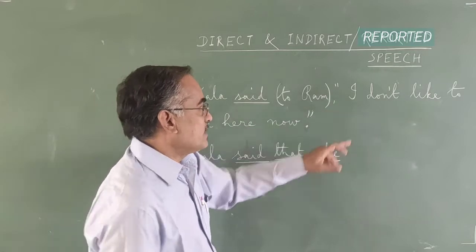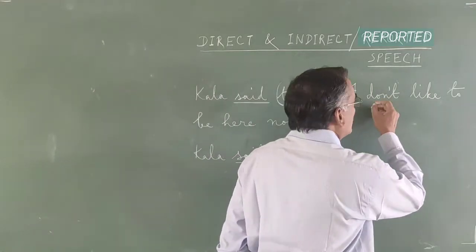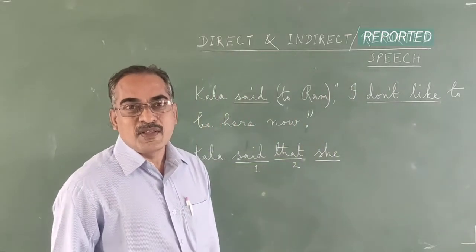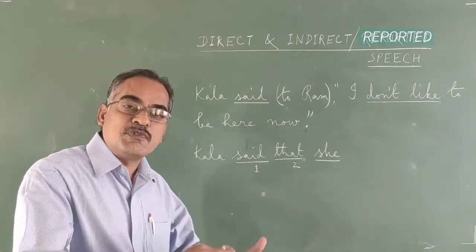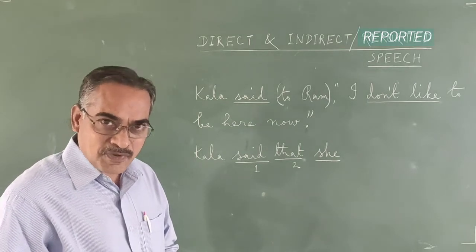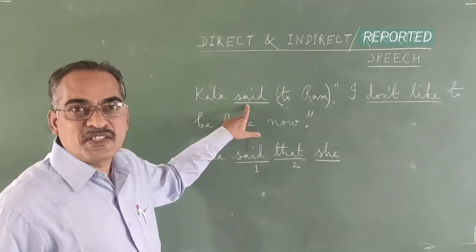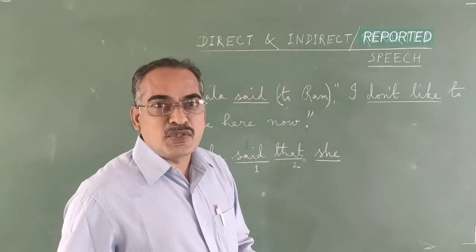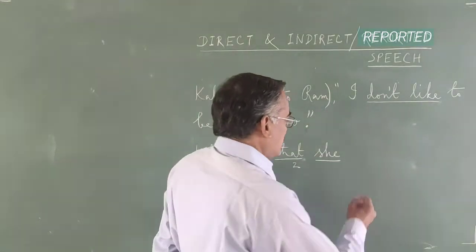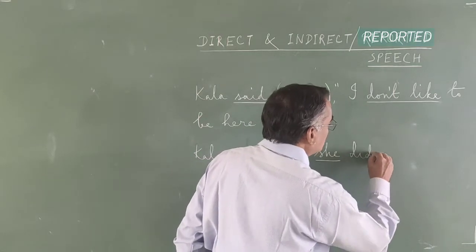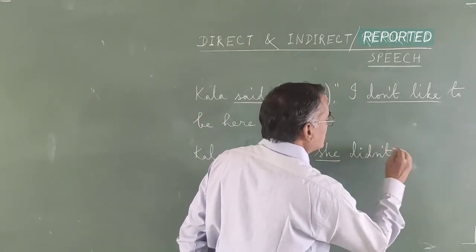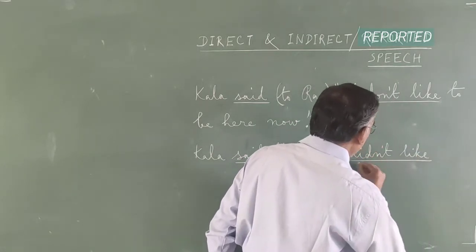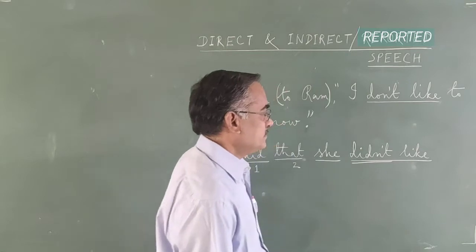She. Fine. And the next one is don't like. This is in present simple tense form. So I told you present simple tense form should be changed into past simple when the reporting verb is in past tense. So don't like will be changed into didn't like. Note this place.